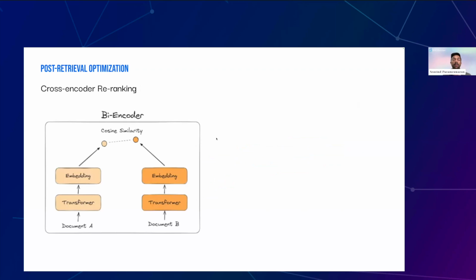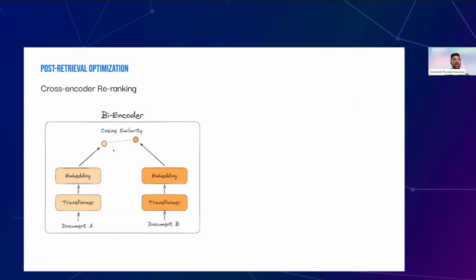Now, speaking of re-ranking, there's one really interesting technique, and probably a lot of you have already heard about it: cross-encoder re-ranking. What you want to do is a first pass retrieval where you use the bi-encoder approach. The bi-encoder approach is where you embed the document separately, as an offline process, compressing it to one single vector.